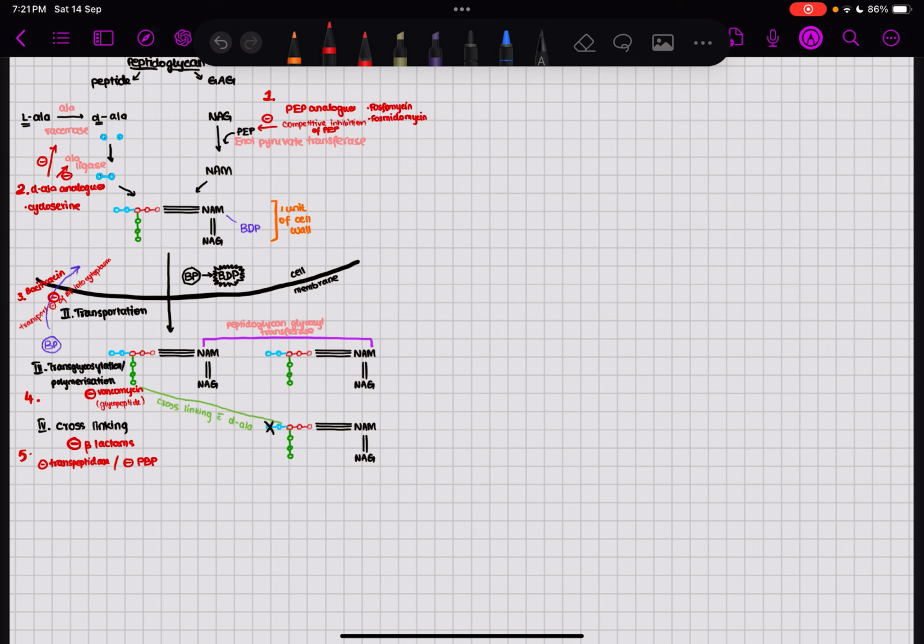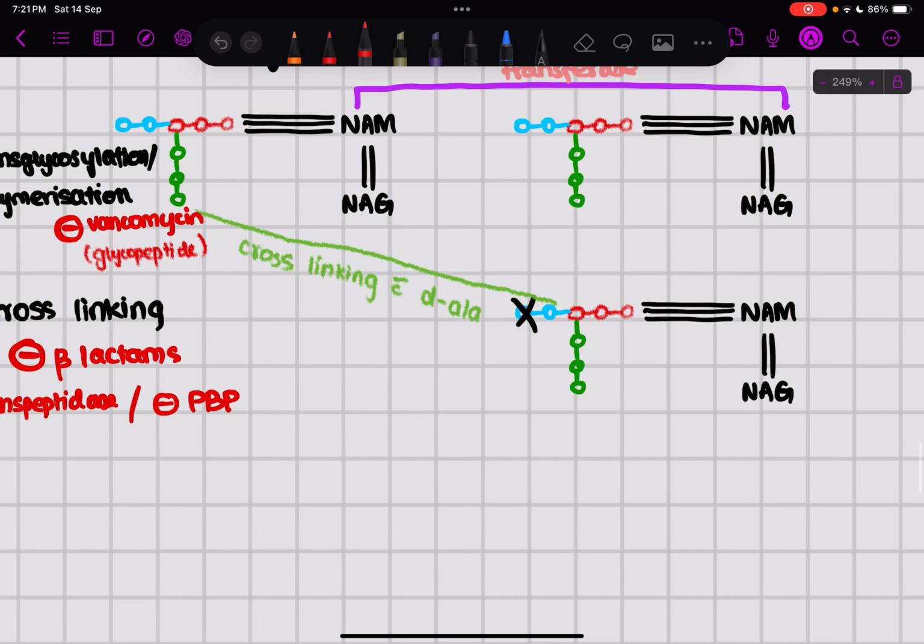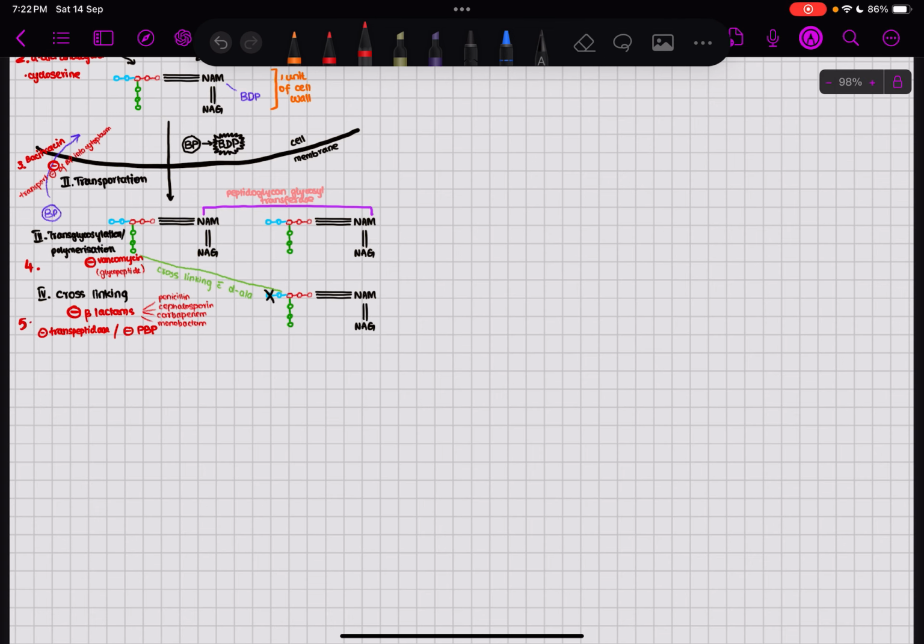It inhibits the cross linking, and the beta lactams are as follows: penicillin, cephalosporin, carbapenem, and monobactam. So these are the drugs used for inhibition.